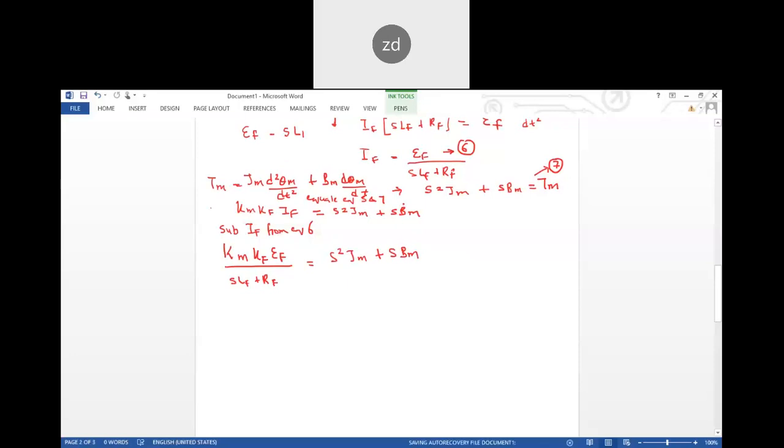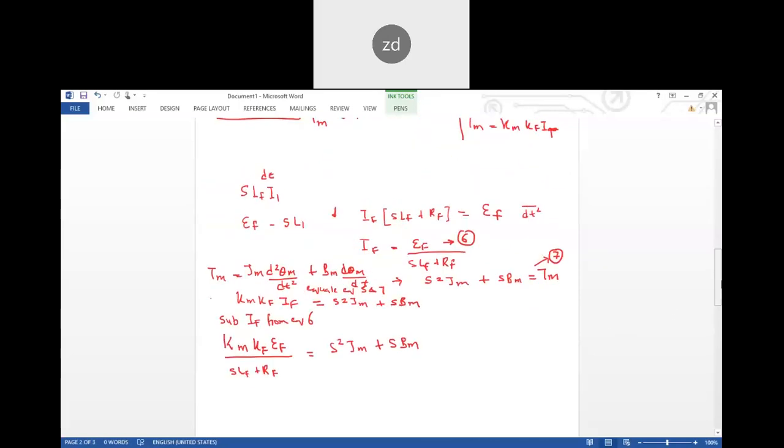One more important term was, see, this was in terms of s, this was in terms of s square. But there is one more important term that we forgot, because in s square Jm, the theta m term was missing there. If you look back, go to the back side of the slide, yeah, here. Only d by dt is s, d square by dt square is s square.